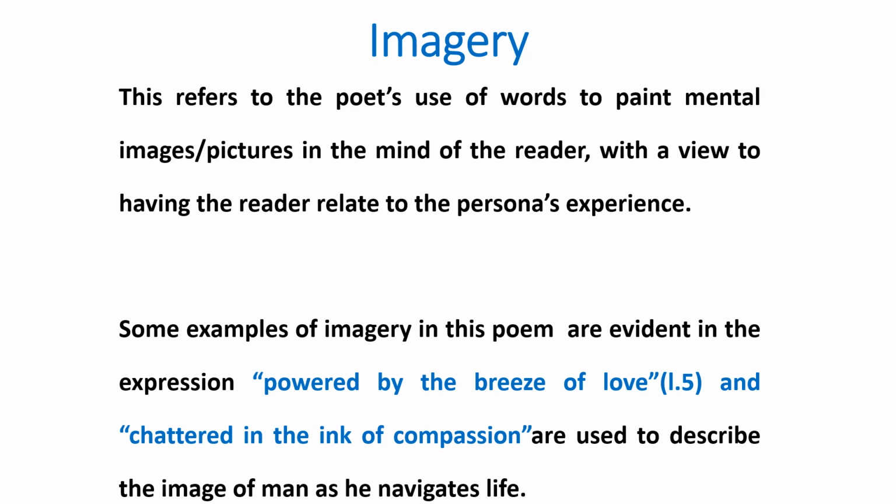Then subsequently, the poet discusses imagery. Imagery is another literary device used in the poem by this poet to convey his ideas to the readers. Now, last time, at least before you went on holiday, I listed different types of imagery.